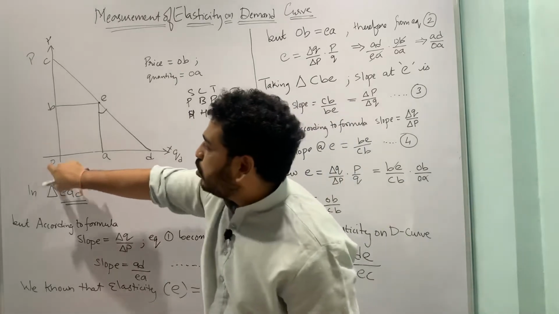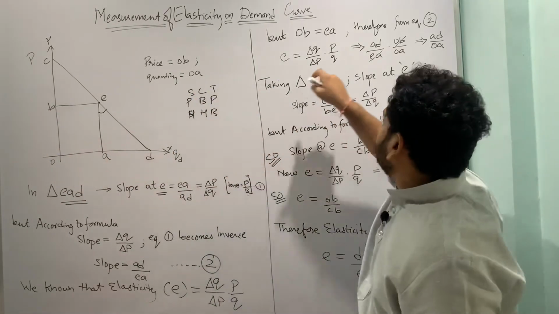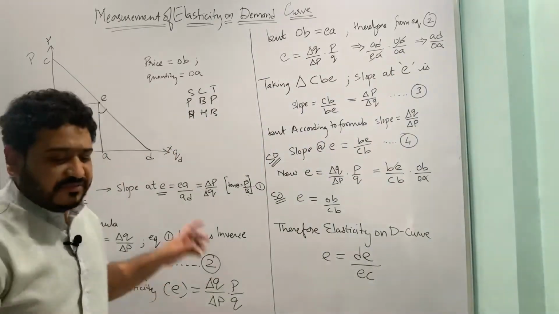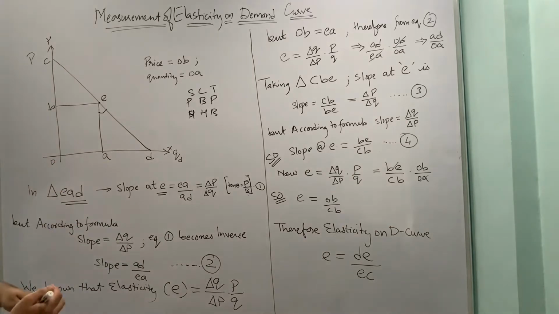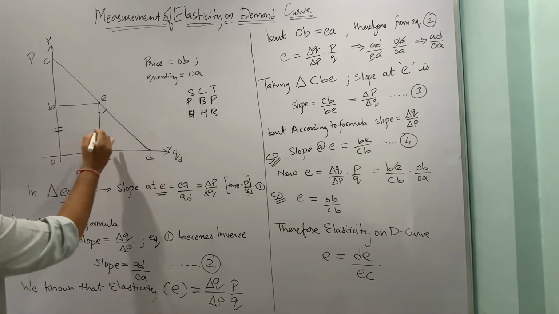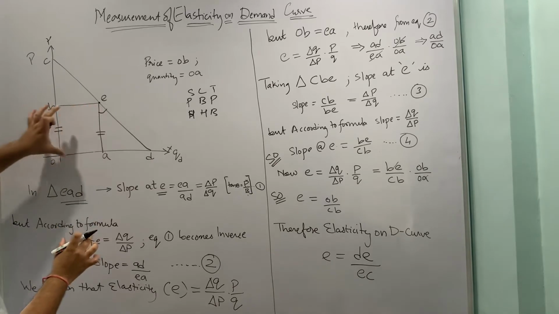When the price is OB, you are demanding OA units of the commodity. But if you look at this figure carefully, you will see that the distance OB is equal to the distance EA. These distances are equal to each other.